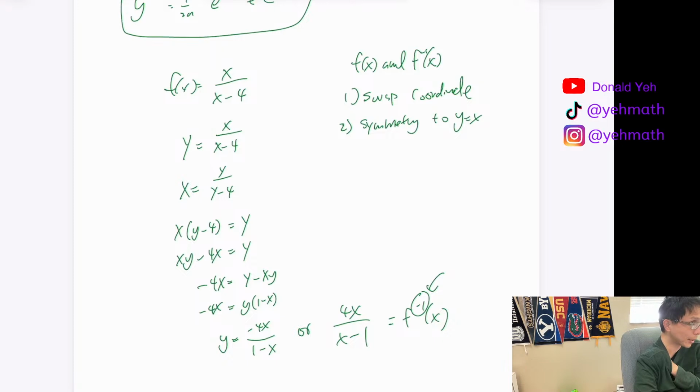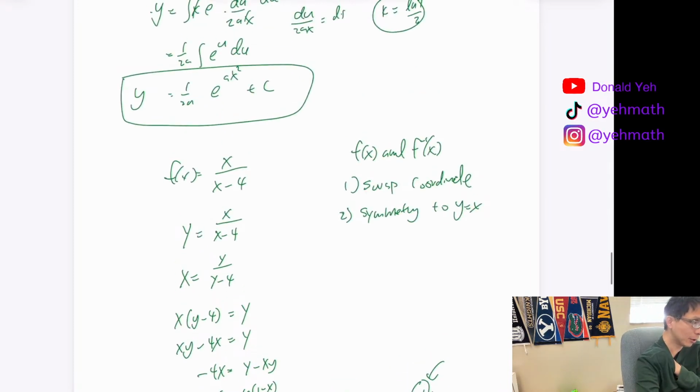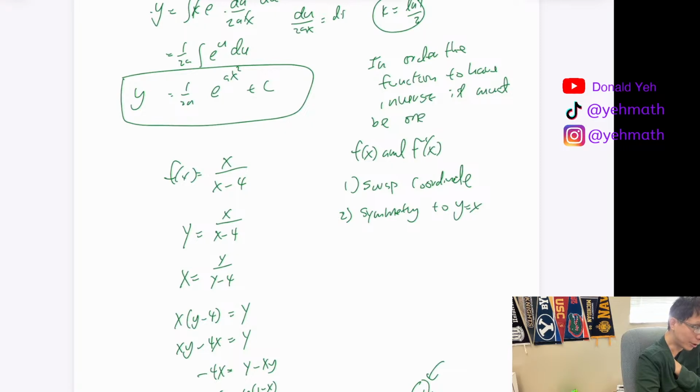Very important understanding: in order for a function to have an inverse, it must be a one-to-one function. Do you guys ever hear one-to-one?